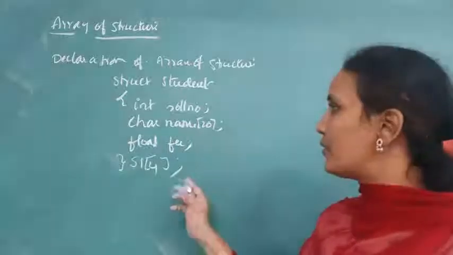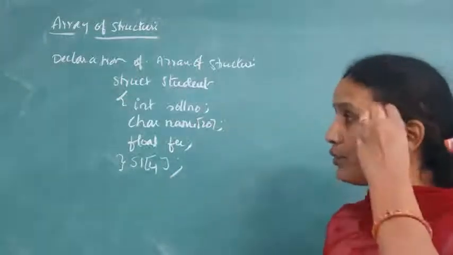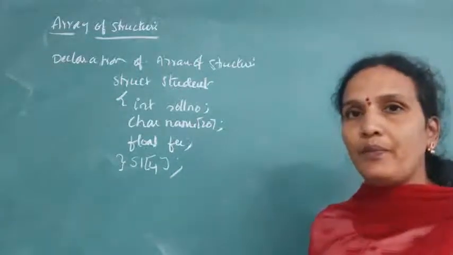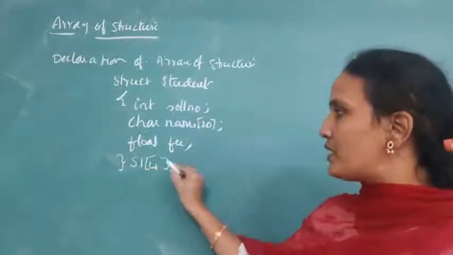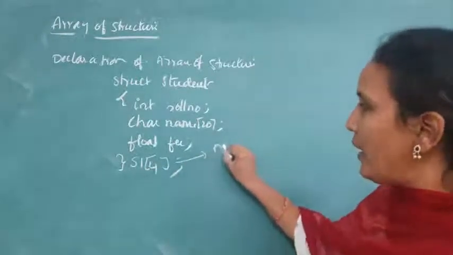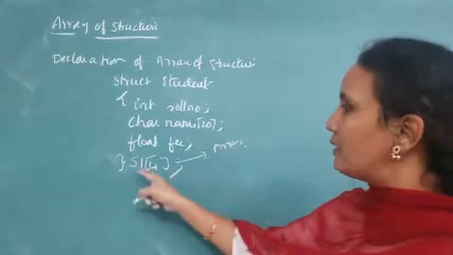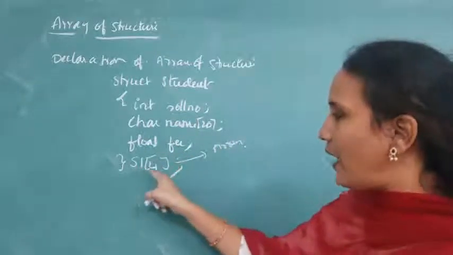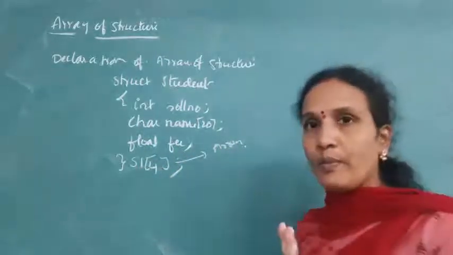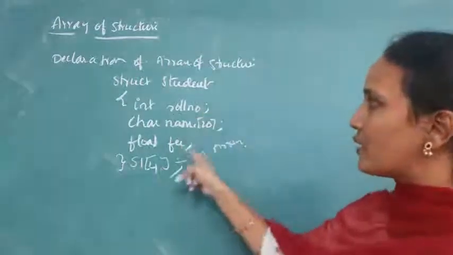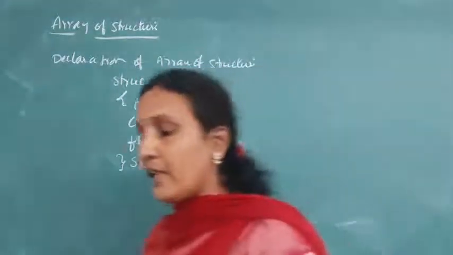Understood? You take this because in the exam you need to give the example. S1[4]. This is an array. And this array, how many members do we have? 4 members. And 4 members are using the same structure. See example.